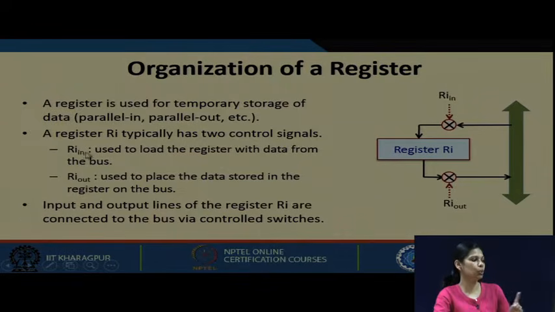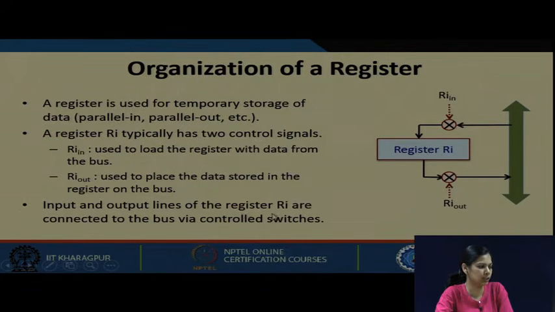Two signals are very important. Ri in will move the data from the bus into this register. Ri out is used to place the data stored in the register on the bus. From the arrow you can easily make this out.